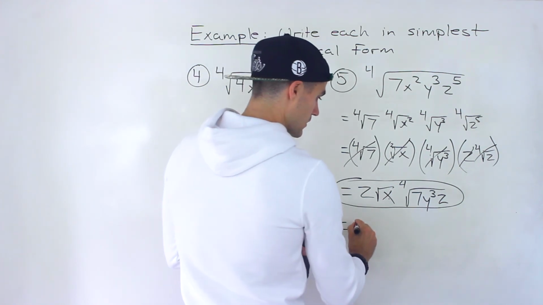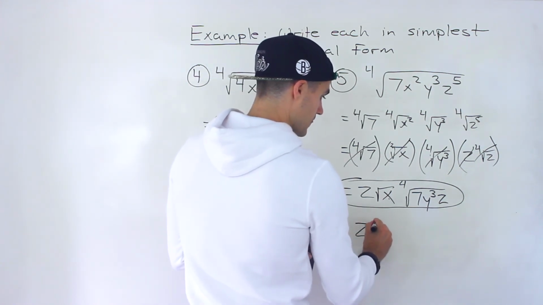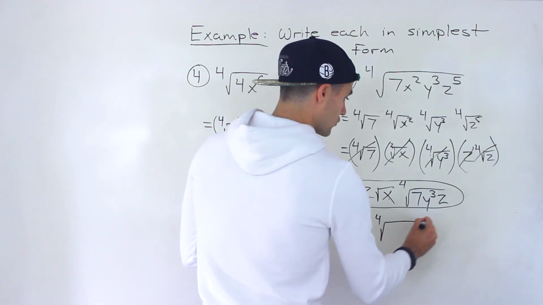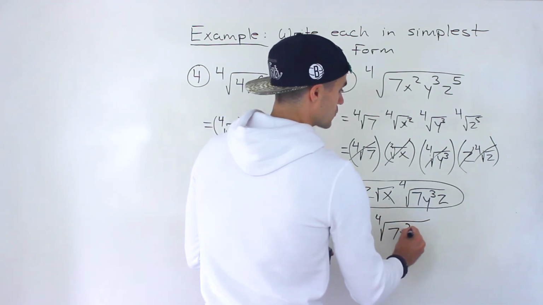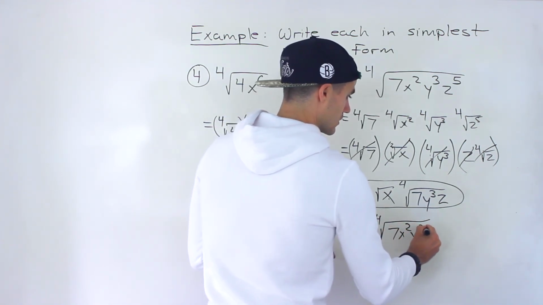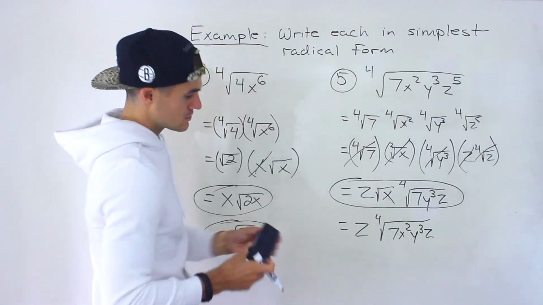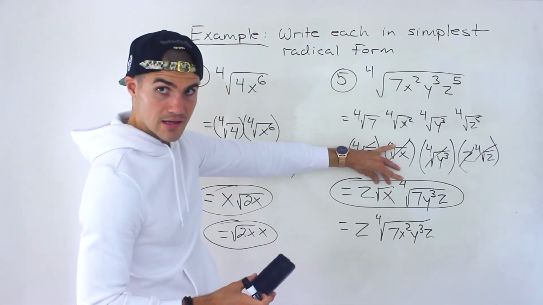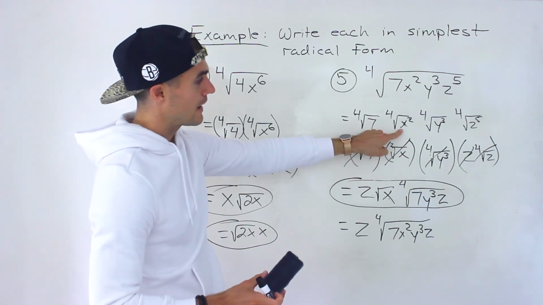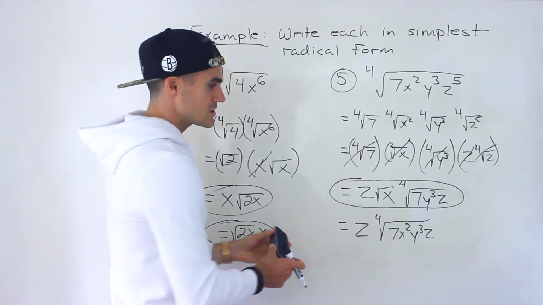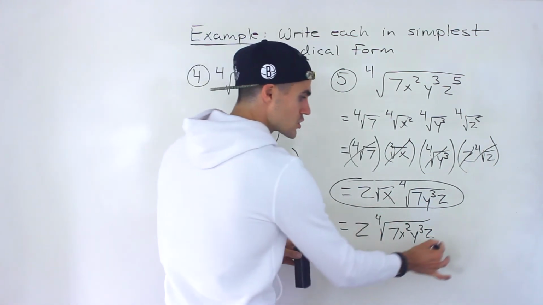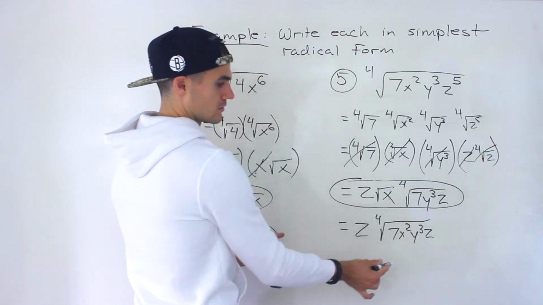Another format this could be in would be z times the 4th root of 7x squared y to the 3 z. So instead of having that square root of x there, they'll keep that x to the 2 just to make it all in terms of one radical.